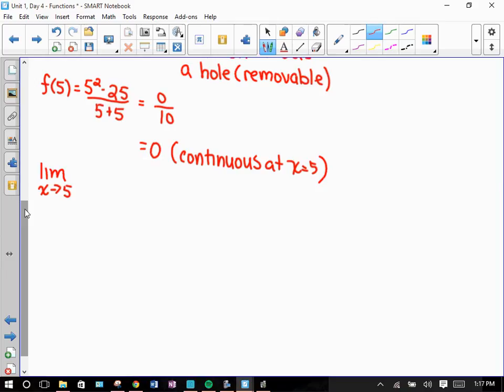So, the limit as x approaches 5 of f of x is equal to 0. So, since f of 5 and the limit as x approaches 5 are equal, we can say it's continuous at x equals 5. That makes sense?